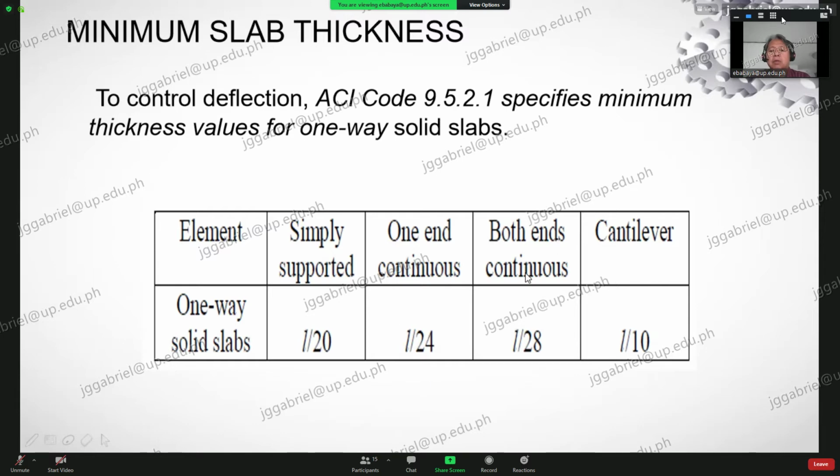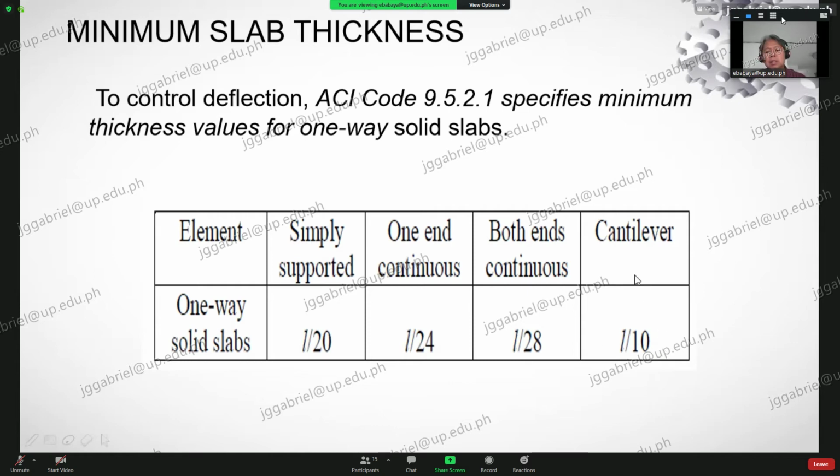For both ends continuous, you have L over 28. Okay, you know already when we say continuous, no? Okay? Pag nagko-continue siya doon sa isang end, L over 24. But for both sides, that's L over 28. And then for cantilever, that's L over 10.